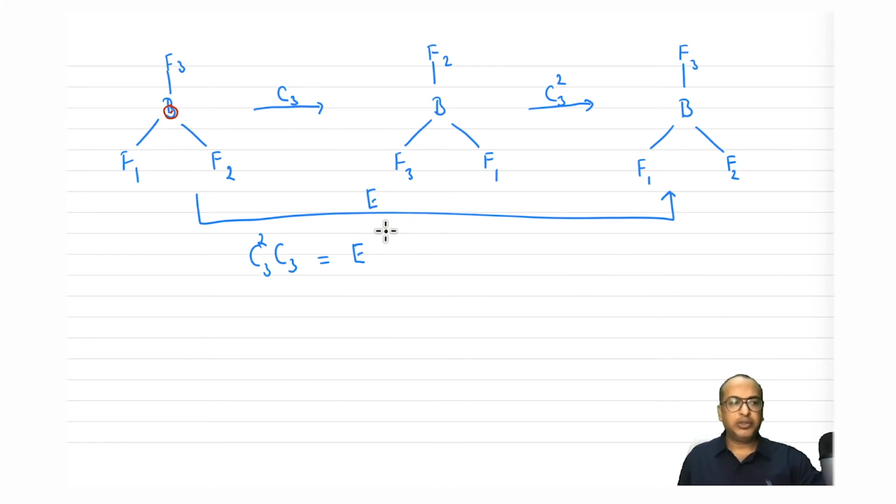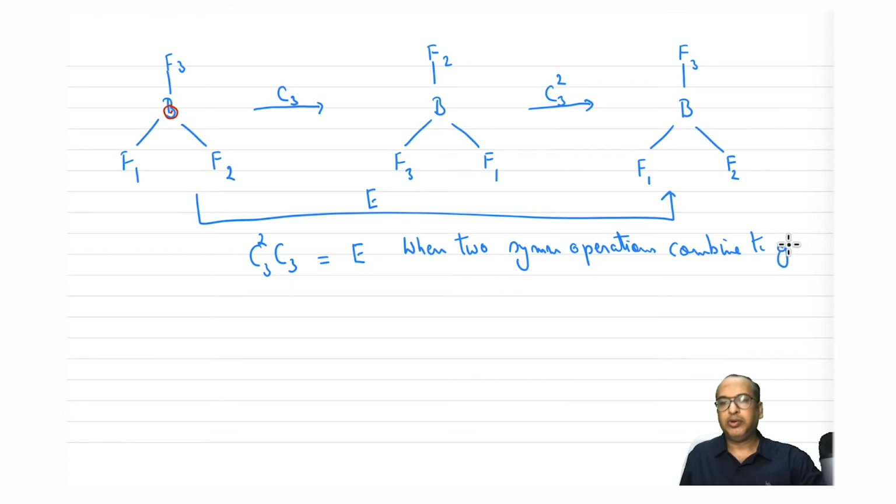So whenever two symmetry operations combine to give E, we say that one operation is inverse of the other. We'll see what it means.